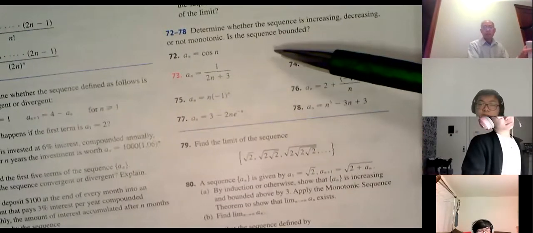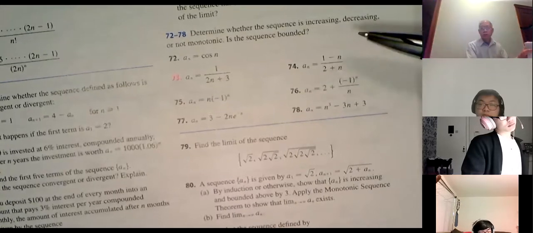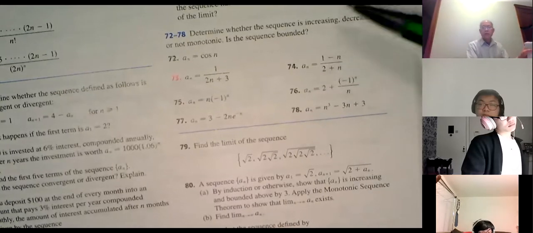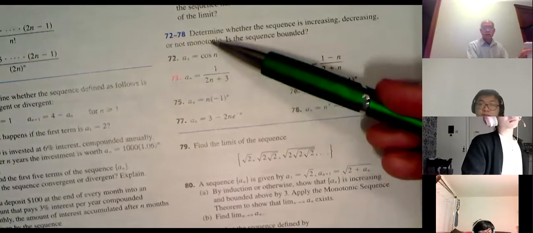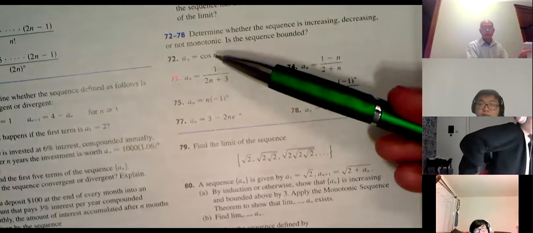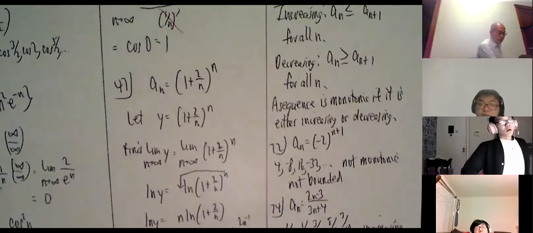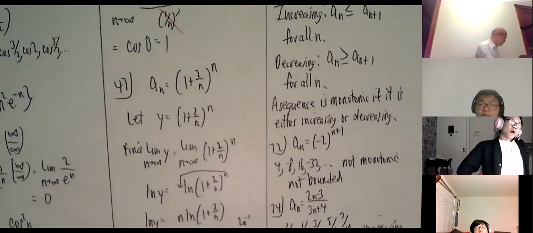Is the sequence bounded? Increasing, we know what that means. It's always going up. Decreasing, it always goes down. Either increasing or decreasing is considered monotonic. So if it goes up and then it goes down, it's not monotonic. Then it asks if the sequence is bounded. I'm seeing some of mine do not match some of yours, but that's okay.